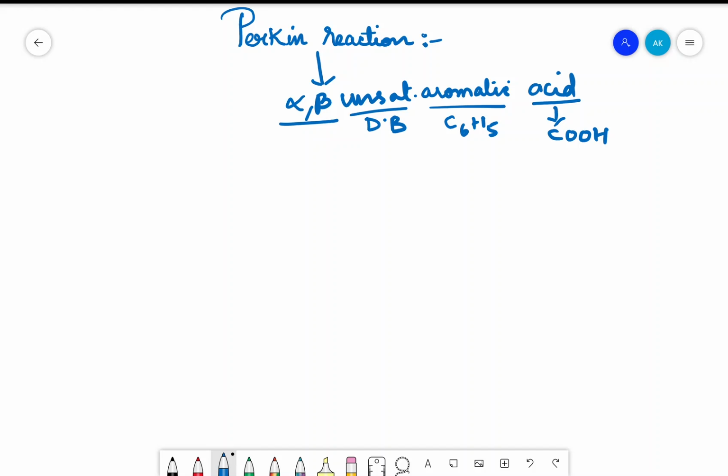So Perkin reaction is the reaction given by the same scientist, which is used in the preparation of cinnamic acid, which is also called alpha beta unsaturated aromatic acid. So it gives a compound that is cinnamic acid.